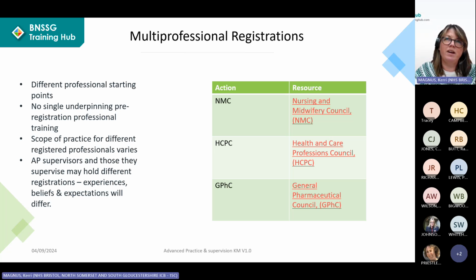It's also just to raise awareness that the reason we get some issues is around expectations. So as an advanced practitioner, I understand there are different levels and I'm coming at it from a nurse level, but as a GP, the expectations may be different.